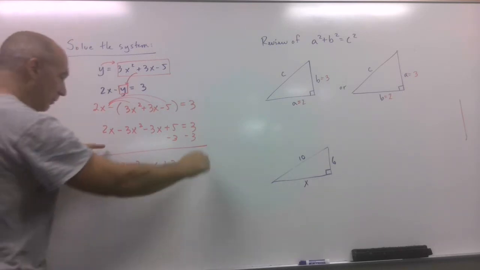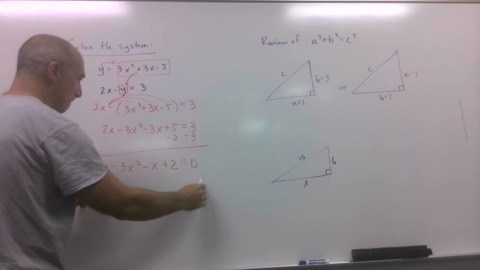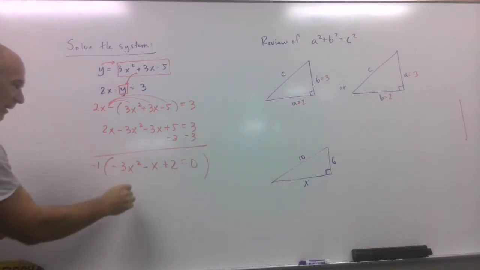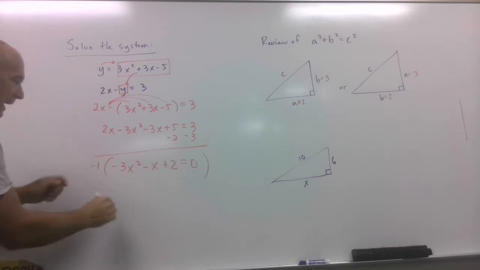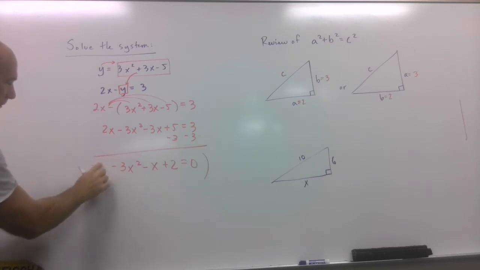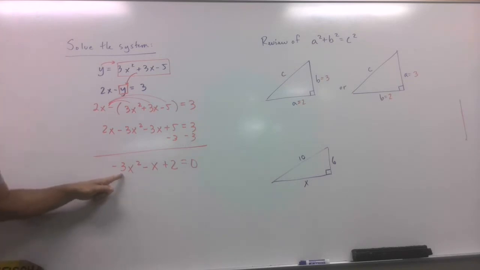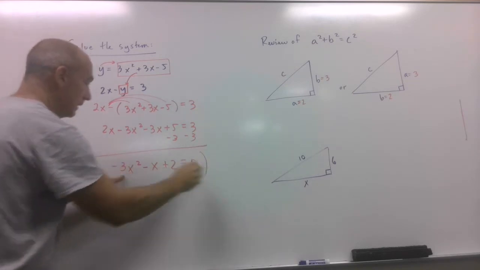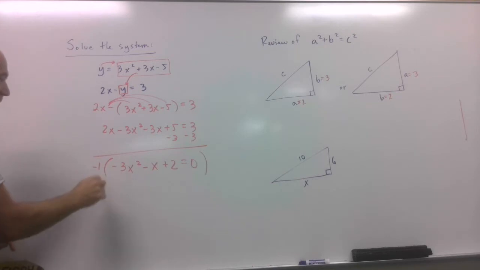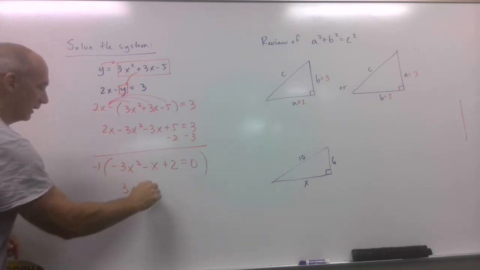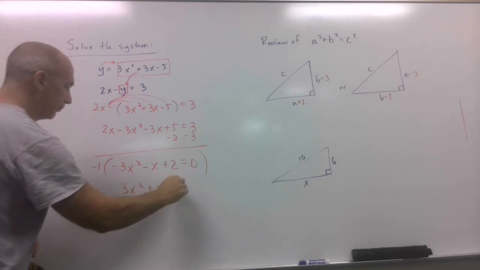Now I could multiply this by negative 1, which I'm going to do, because I can see that I could factor this. Before multiplying by negative 1, you could stuff this all into the quadratic formula if that's what you want to do, but I've got a hunch this is going to be factorable. If I multiply all that by negative 1, it'll make factoring a little bit easier.